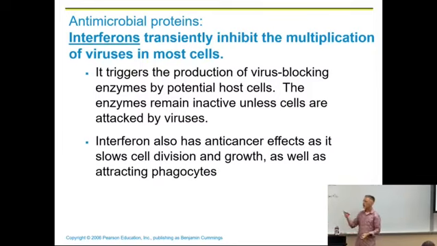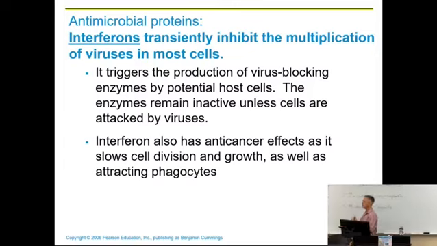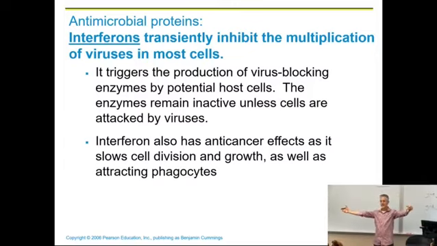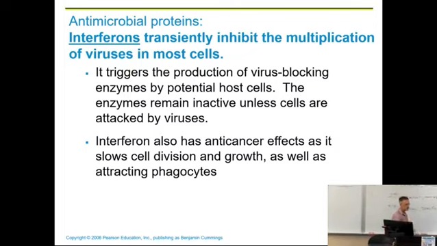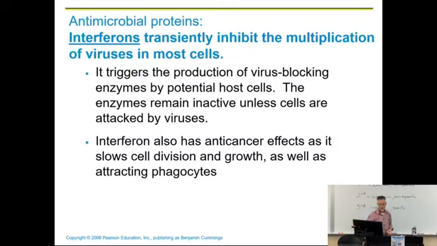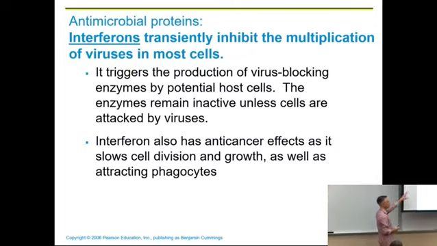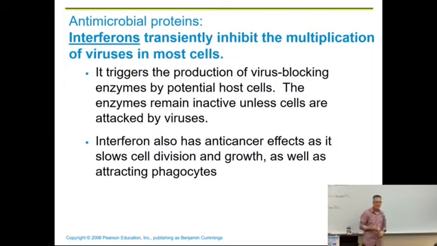These are molecules that are secreted by virus-infected cells that then trigger virus-blocking enzymes in adjacent cells so that they don't get infected. So it decreases the spread of those viruses, but it also can be used for anti-cancer effects, right? And the chemical itself can be like a chemotaxin to attract phagocytes to the area as well.